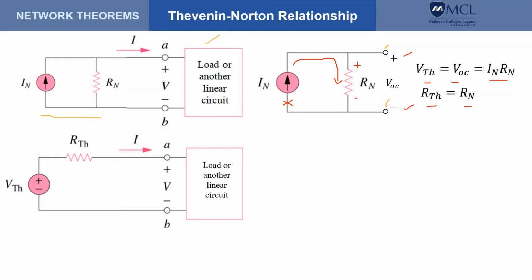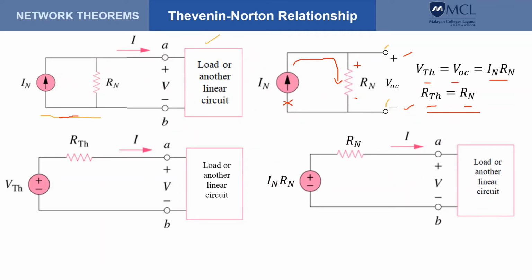Now that I have found VTH and RTH, I can replace this circuit with this one. So it's a voltage source equal to In Rn, which comes from that, and this is our RTH, which comes from that.